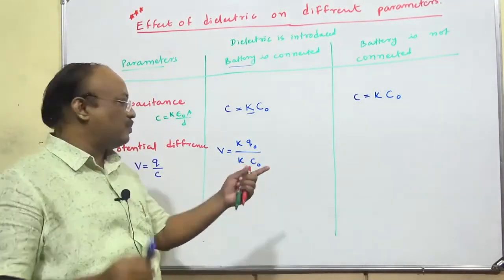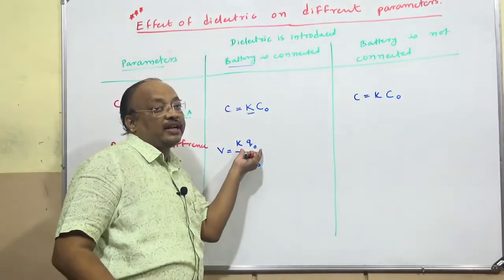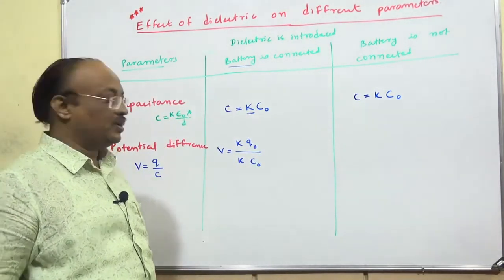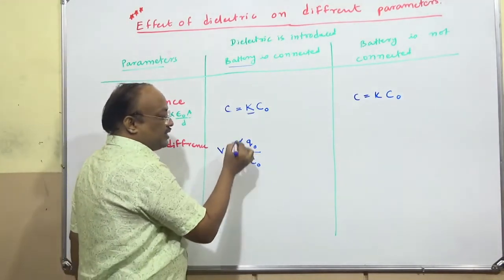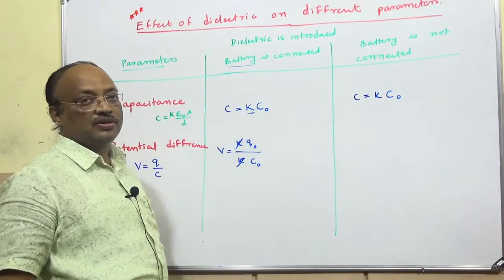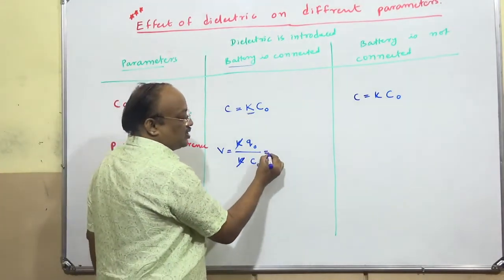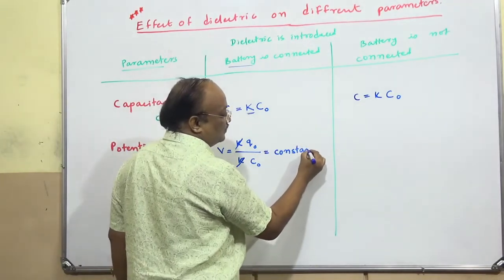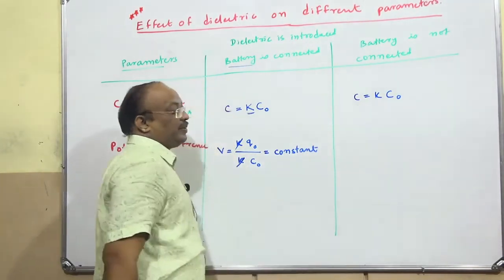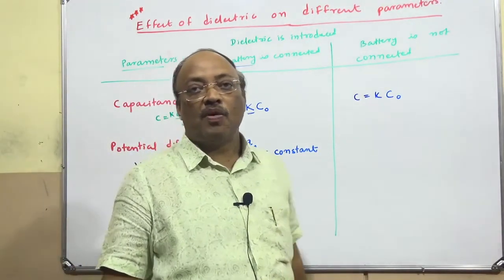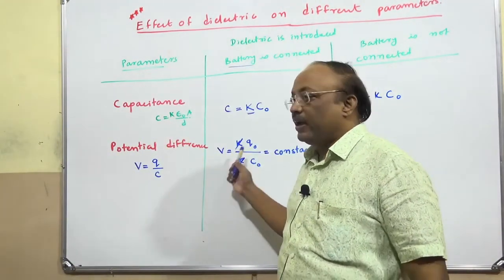How many more? You can store K times Q naught. Therefore, this K cancels, Q naught by C naught. So this potential remains constant. Potential difference remains constant.